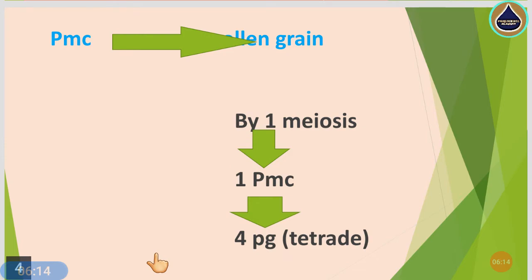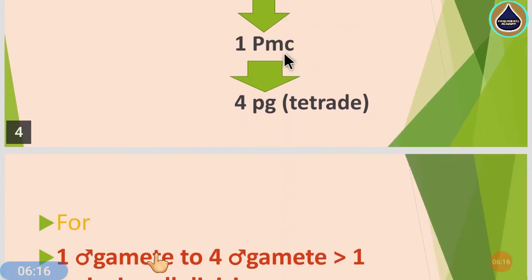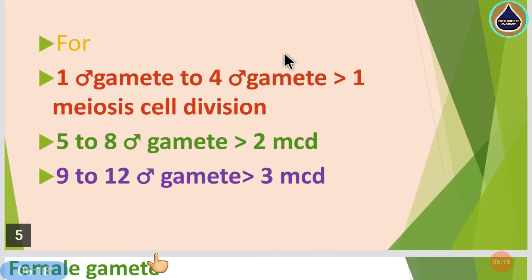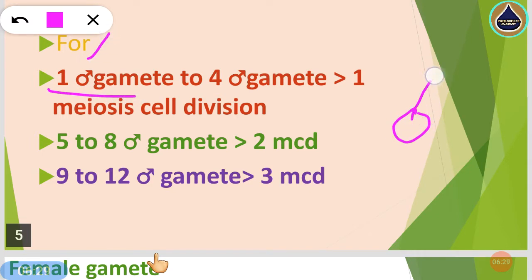So it is now clear that for one male gamete, this is the sign of maleness, it is indicated by this sign. Male is indicated by this sign in the science faculty. So for 4 male gametes, only one cell division is needed.